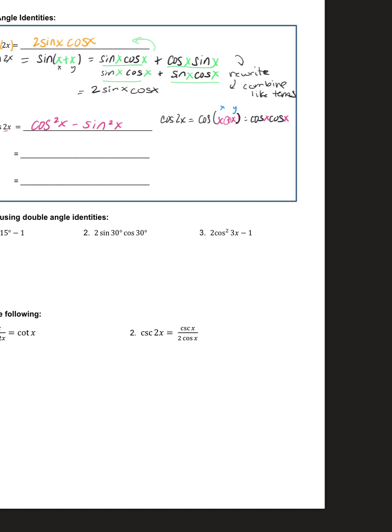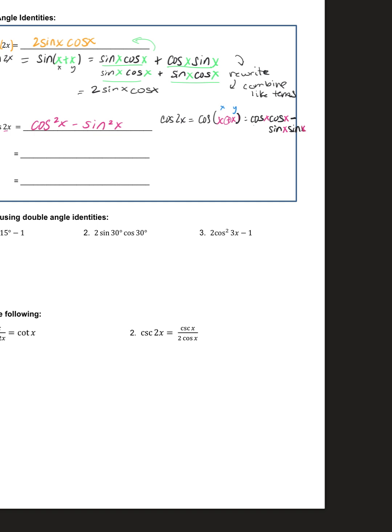Well, this is a plus though. So remember that means minus when it comes to cosines, the opposite. And then underneath we'll have sine x and then cosine x. Sine x. So that just leaves me now with this.